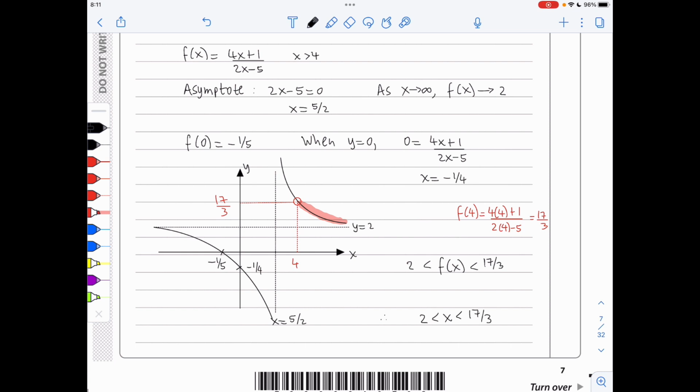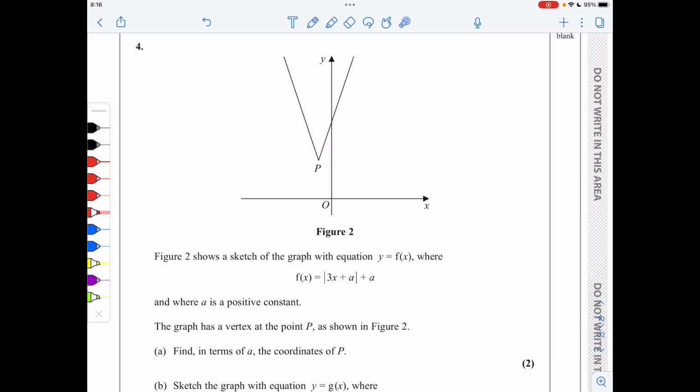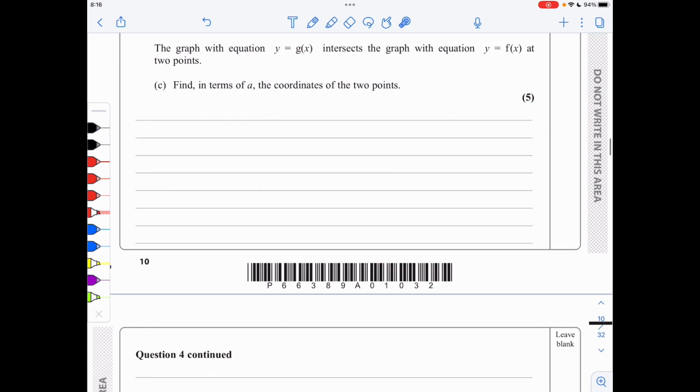In question 4, we are given f of x is the modulus of 3x + a, and we need to find the coordinates of the vertex P here. We know that the vertex is where the modulus expression vanishes, becomes 0. So we know that at P, 3x + a is 0.